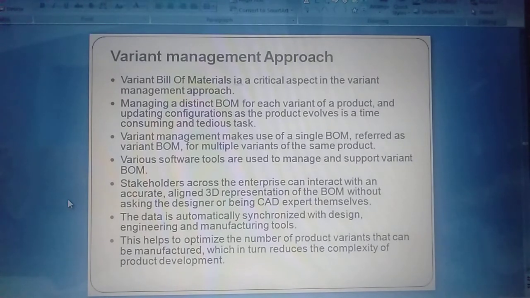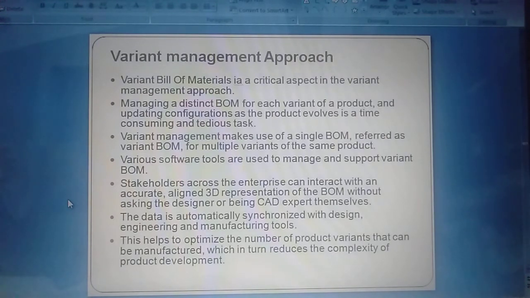So for this, variant management makes use of a single BOM, referred to as a variant BOM, for multiple variants of the same product. Actually, in industries the different departments have different bills of material, made as per their convenience. But in product life cycle management, you make a single BOM referred to as a variant BOM.